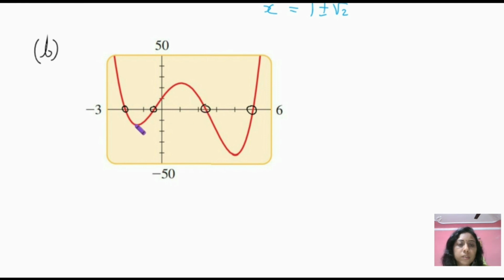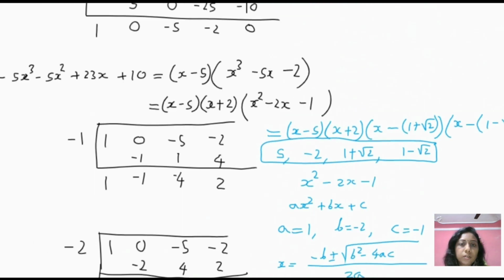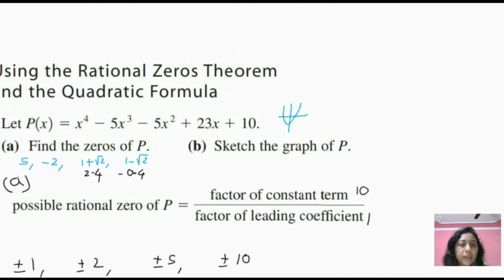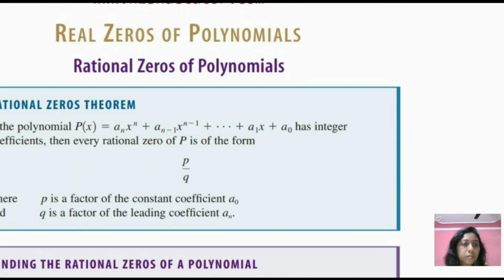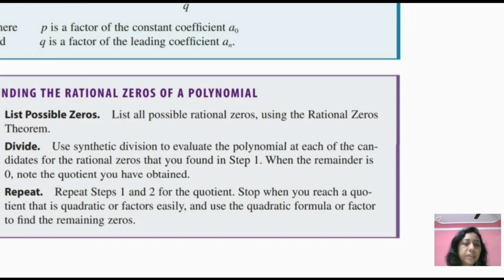So you can take test points between zeros, okay, and check which type of graph. So it is a really easy question, how to find zeros using the rational zeros theorem, and these guidelines are very important.